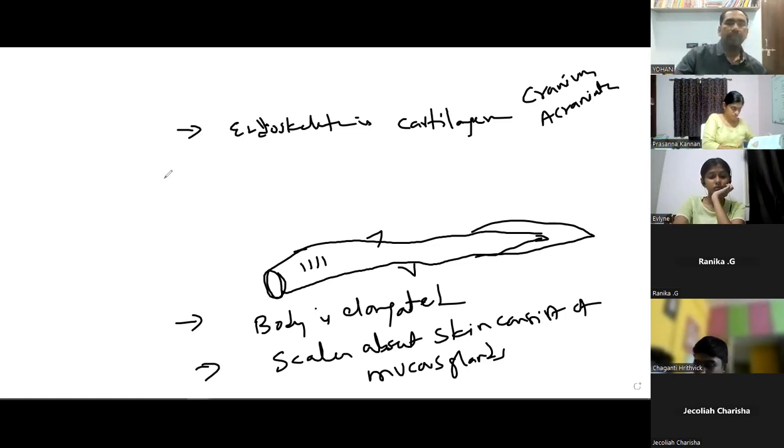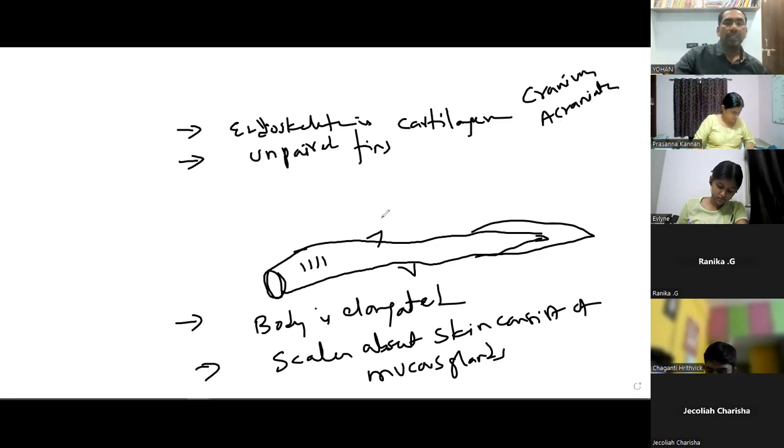Next. What is the next pointer? Locomotion. Very good. Locomotion by unpaired fins. What is meant by unpaired? Single. Unpaired fins are present.